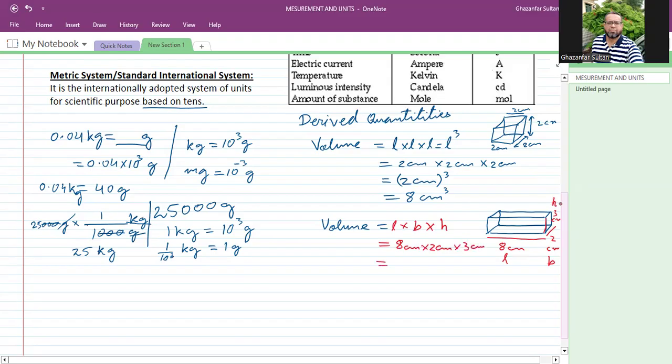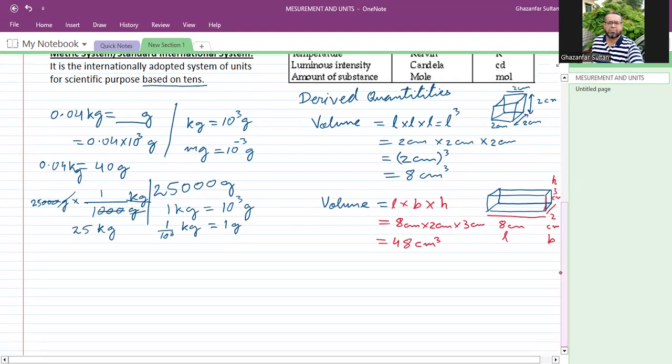Multiply these: 8 times 2 is 16, and 16 times 3 is 48, and the unit is centimeter cube. So again, you have the derived unit.